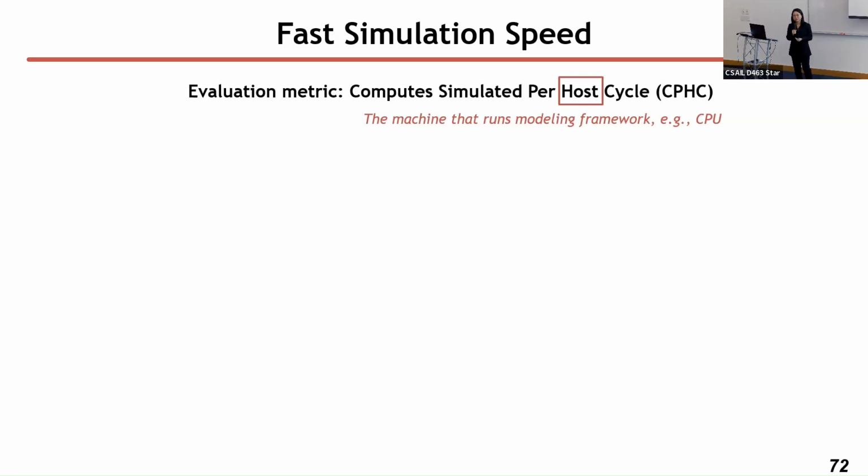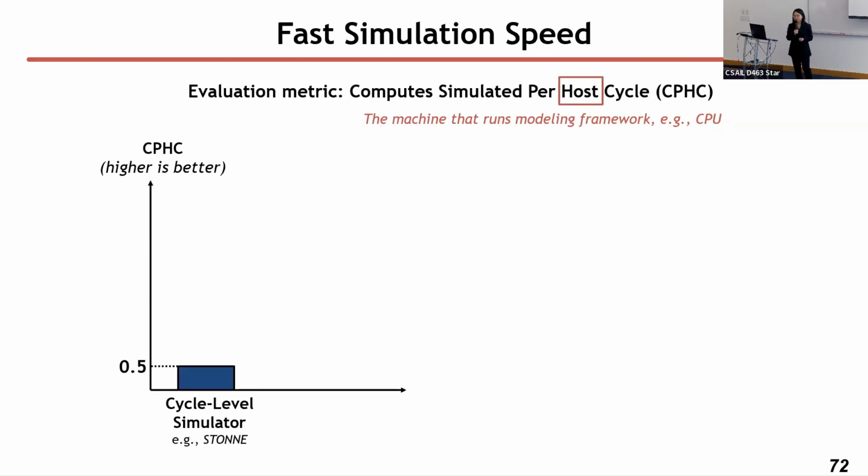By host, we mean the machine that runs our modeling framework, such as a CPU. This is very similar to the millions of instructions simulated per second metric that we use for general purpose simulator evaluation. At a high level, we want the CPHC to be higher so that we have better simulation speed. And just as a reference point, we have less than 0.5 CPHC for normal cycle-level simulators.